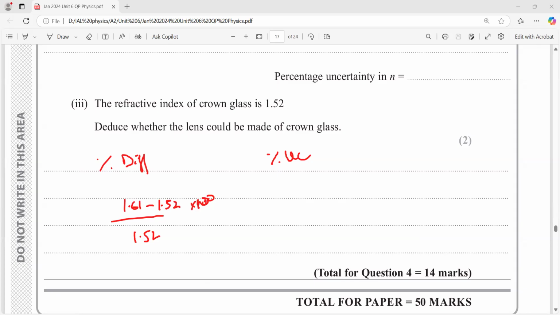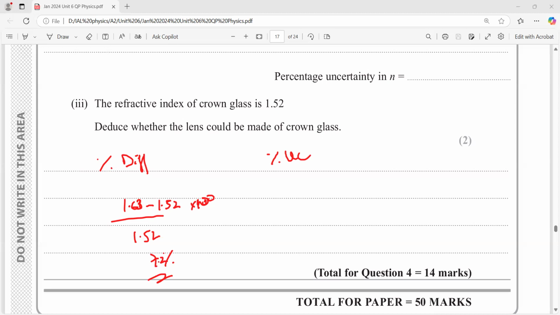In the exam, it's always a comparison between a percentage difference and a percentage uncertainty. So maximum minus minimum, this is 1.63 minus 1.52 divided by 1.52 into 100. It's about 7.2%.